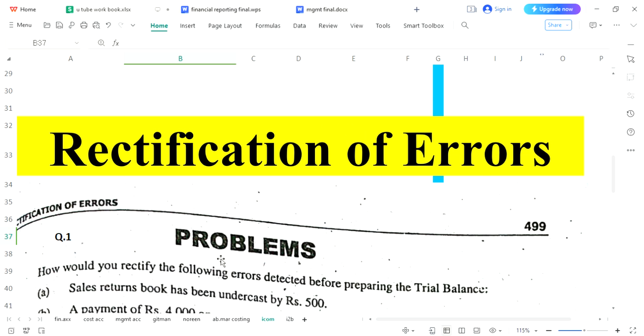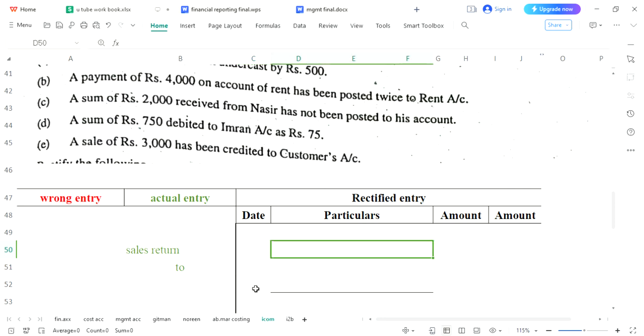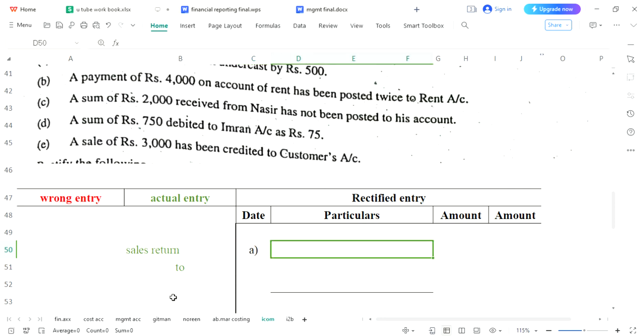Now we will see what mistake we have done. Sales return should be debited, but it has been undercasted. So the error is undercast. In undercast, if it is debit, we do debit; if it is credit, we do credit. So first entry we are going to do, sales return was supposed to be written on debit side.